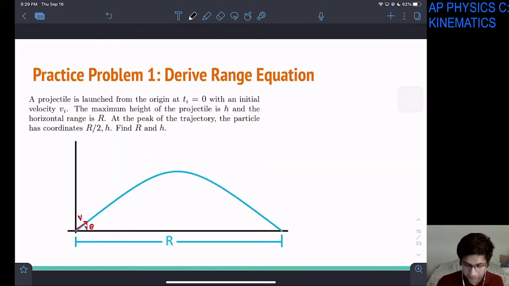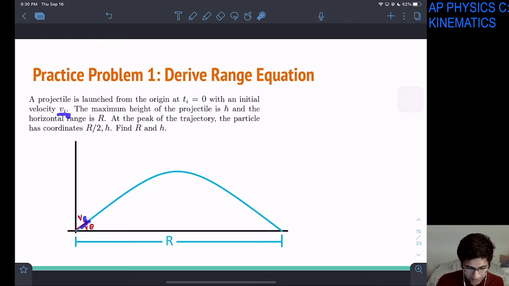All right, this is our first challenge kind of question. Maybe this could be an open-ended on an AP exam, who knows. A projectile is launched from the origin at ti equal to 0. Okay, so I see that we're using the other notation where ti is the same thing as t0, which is our initial time, with an initial velocity vi.